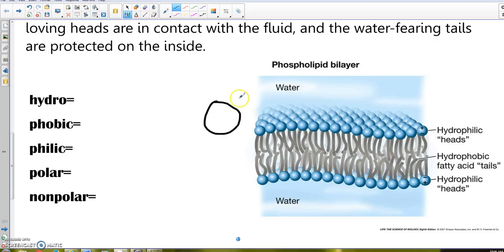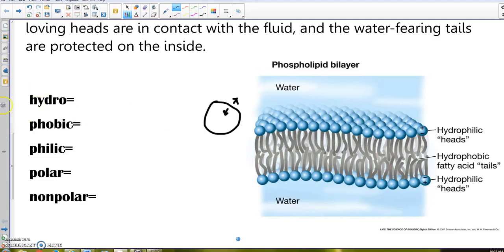And then those hydrophilic heads point outward and inward. Remember that the inside of a cell is a watery environment also. So those heads stick out. So this is just naturally how they would form themselves anyway.